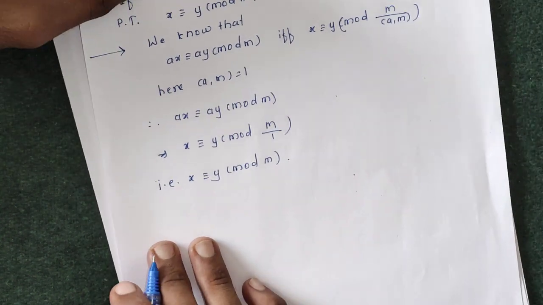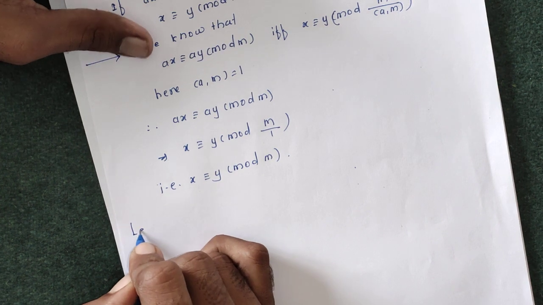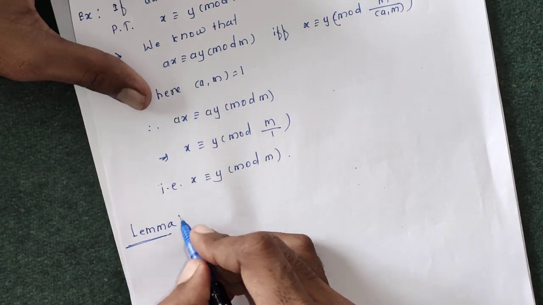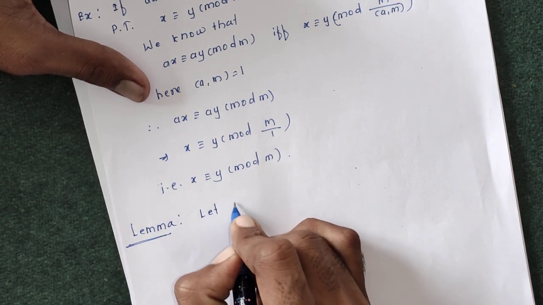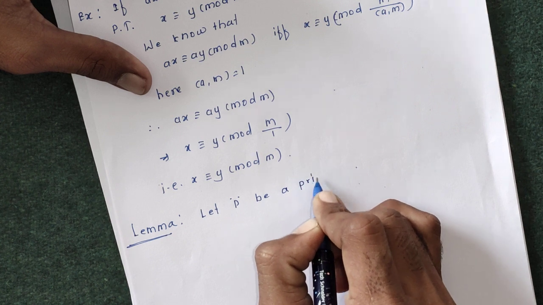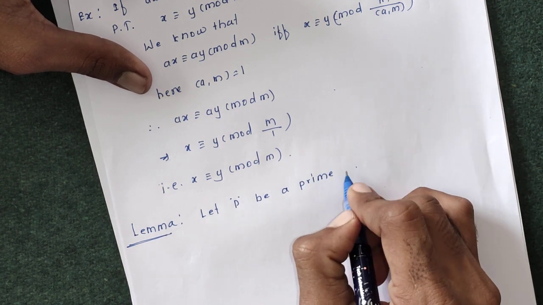Take one more lemma. The statement of the lemma is: let p be a prime number.